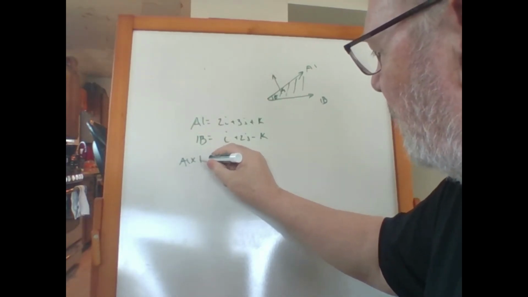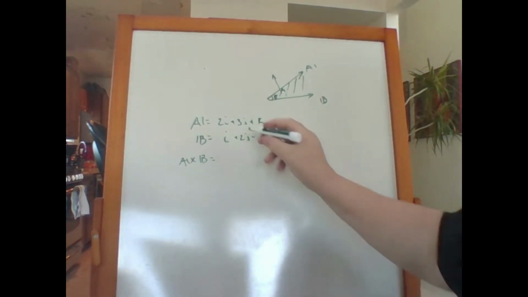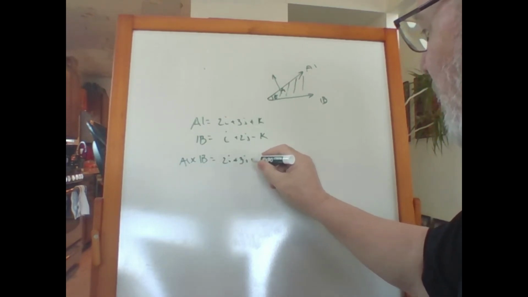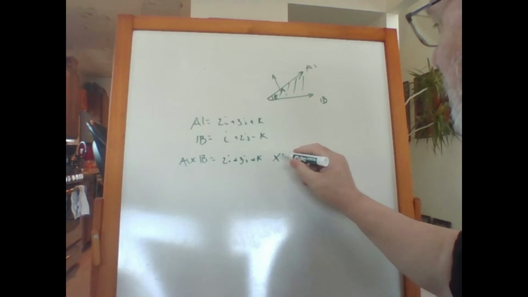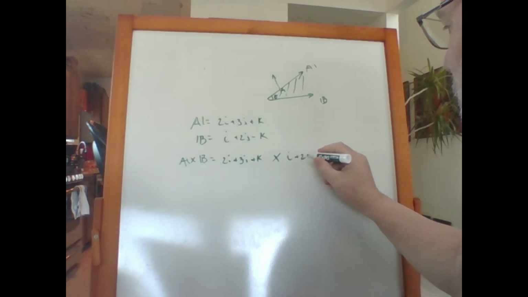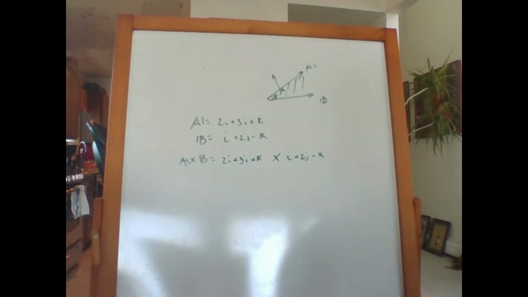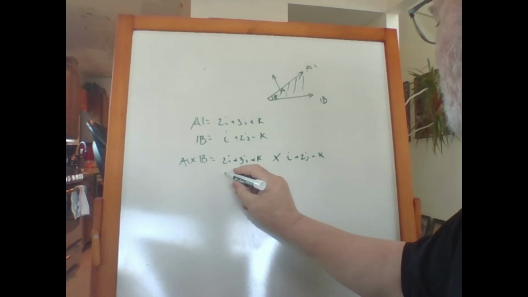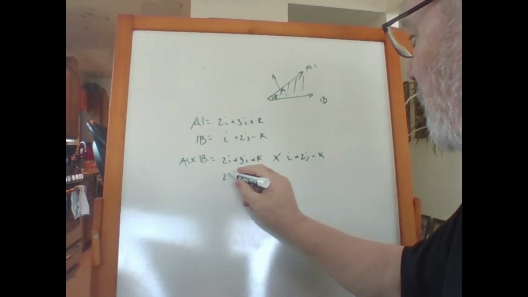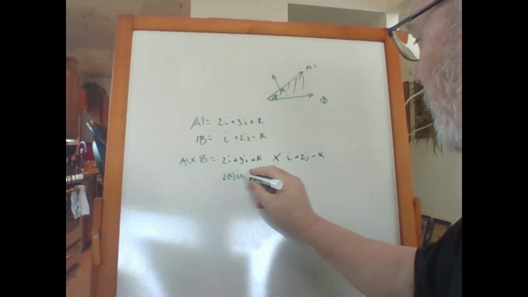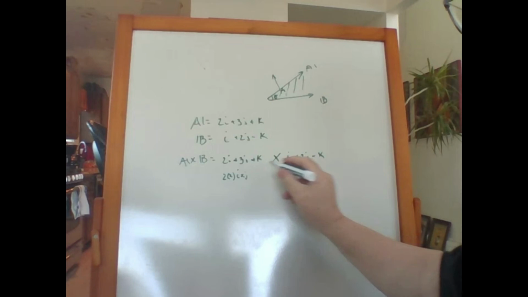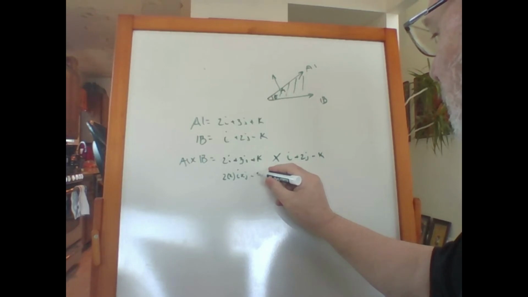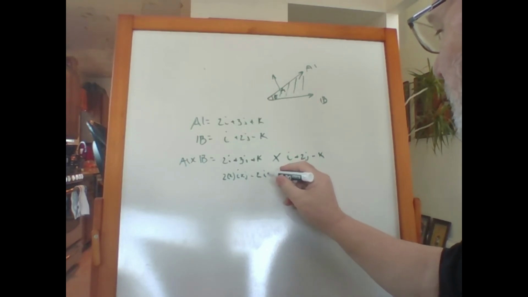All right, so A cross B is equal to 2i plus 3j plus k cross i plus 2j minus k. All right, so i and i is 0, 2 times 2, i cross j, okay, and minus 1 times 2, i cross k.